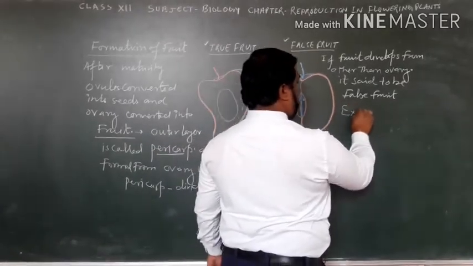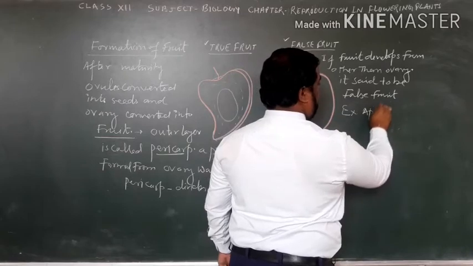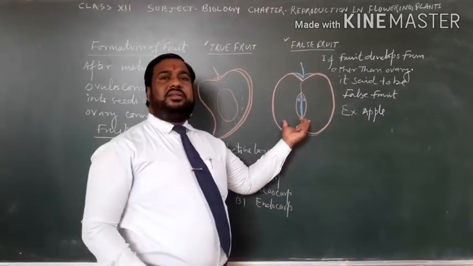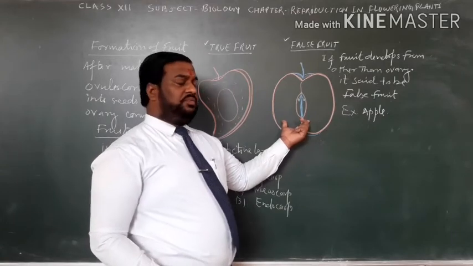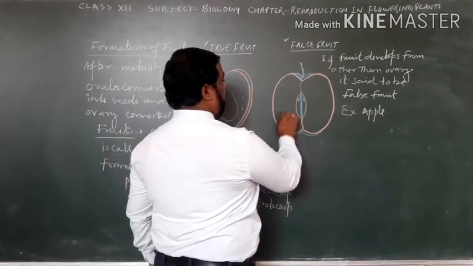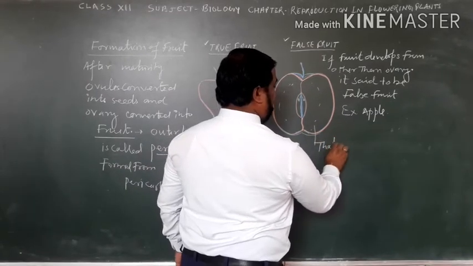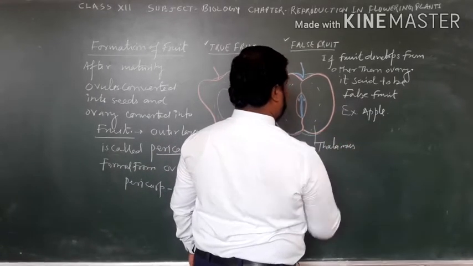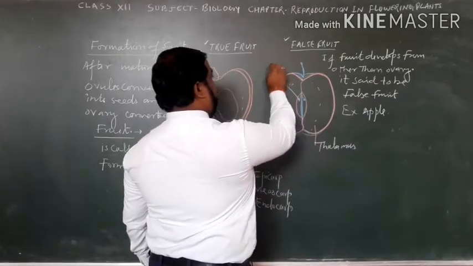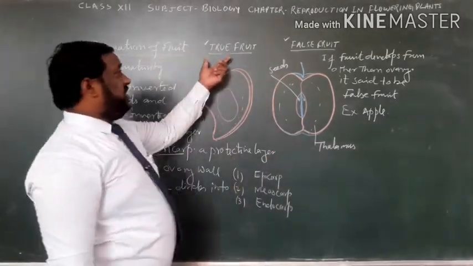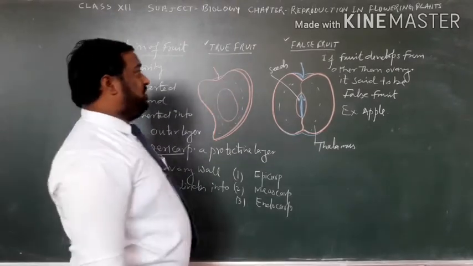Example: apple. So this apple is a false fruit, and its edible part is the thalamus. These are seeds.